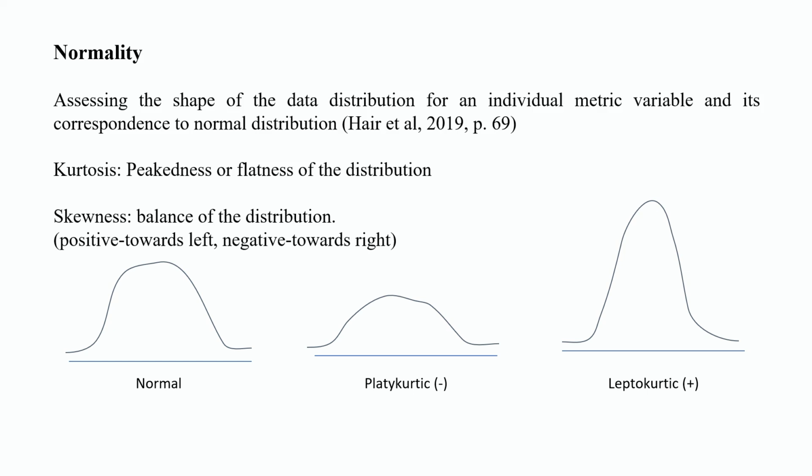You can see two terms, one is kurtosis and the second one is skewness. So here the shape of the curve matters. How do you assess the shape of the curve? If your data is normally distributed, it forms a bell shape, and the kurtosis and skewness value will be within the threshold limit.